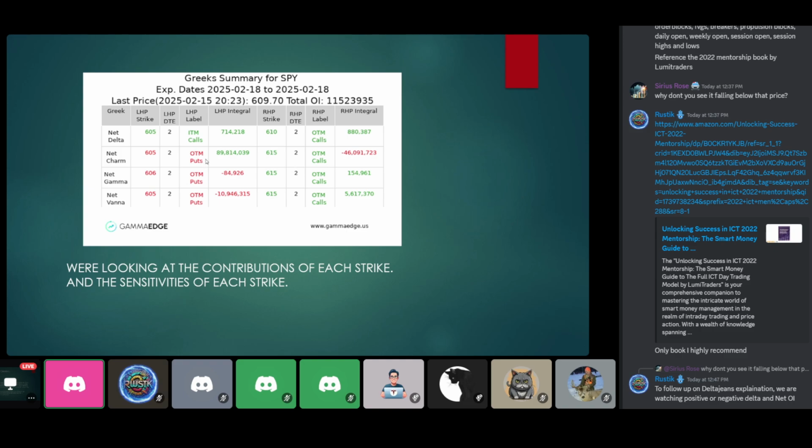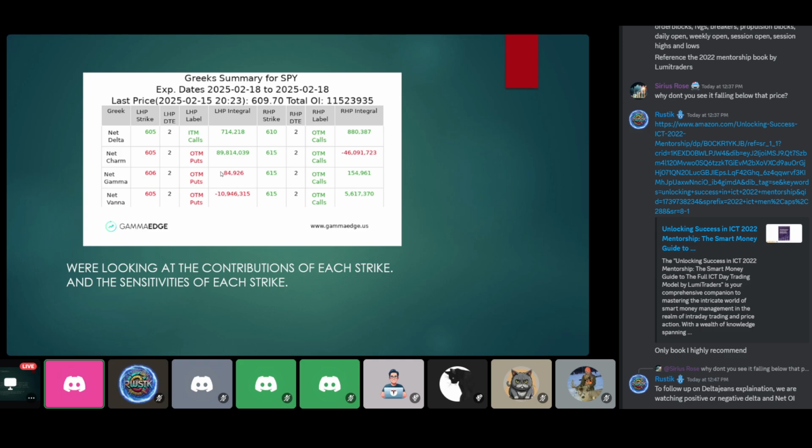I'm looking at 605 puts. There are a lot of puts there, but they've decayed so much that the positive deltas are now significant. The out-of-the-money puts, the out-of-the-money calls, nothing crazy. Negative 46,000 in delta. I just look at these as values themselves. And we can also see that the out-of-the-money puts don't have a lot of gamma.